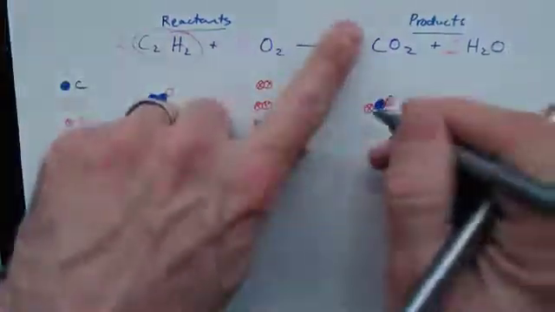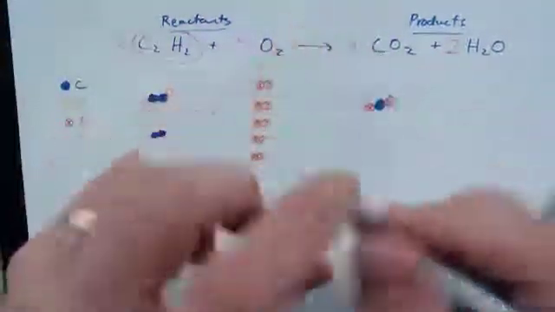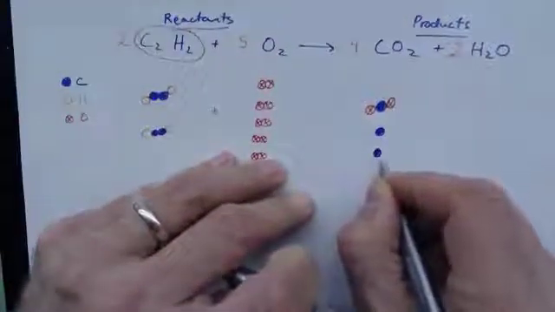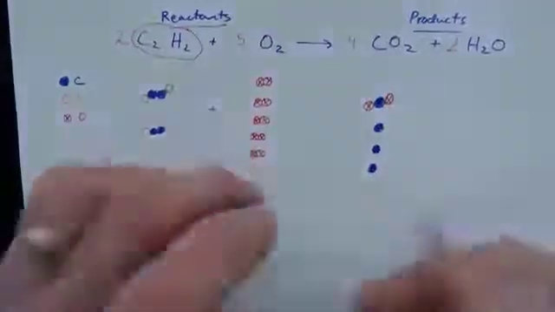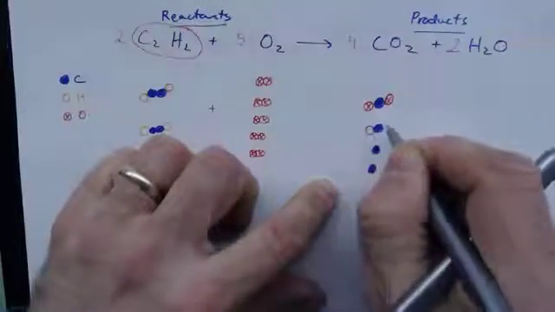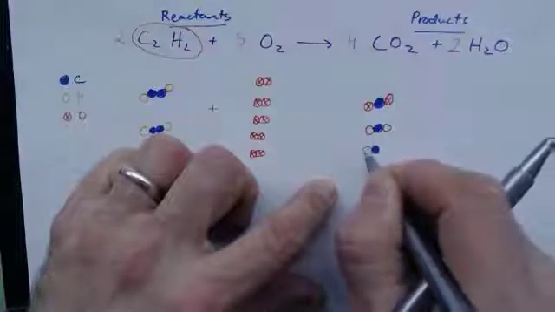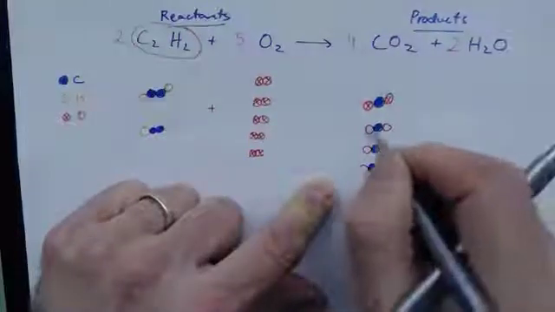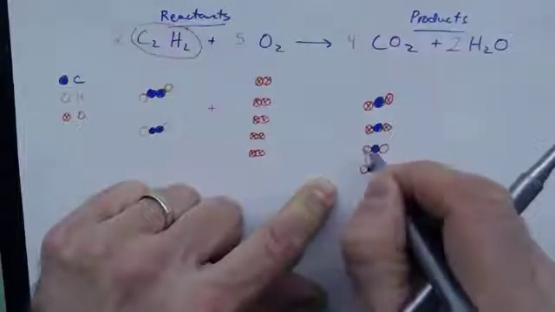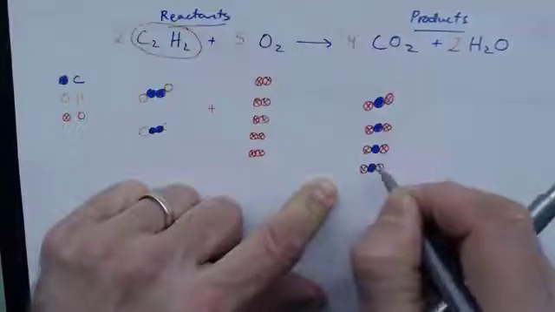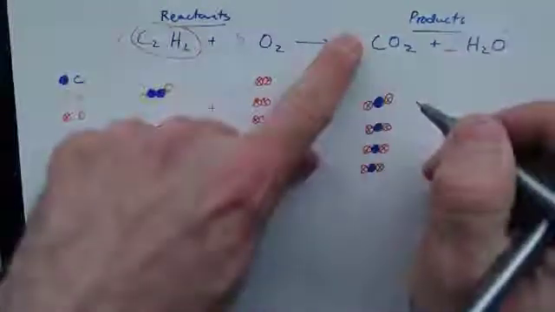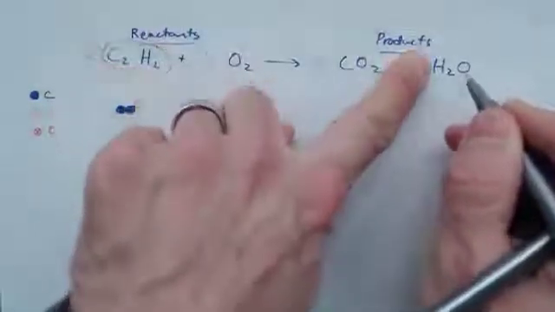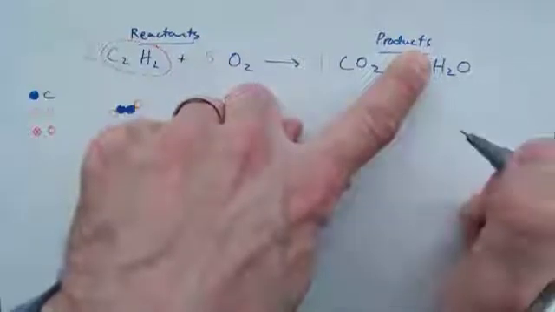That is 1 CO2, but there are 4 of them. So let's get to it. 1, 2, 3 more. Boy, my circles are not very circular. Doing the best we can here. So I have 4 CO2s, and then I cover the big number, H2O. I have 1 oxygen, 2 hydrogens.